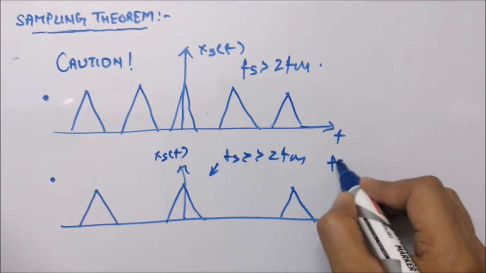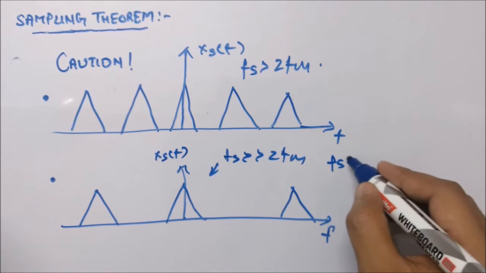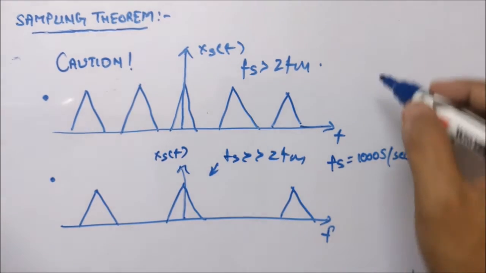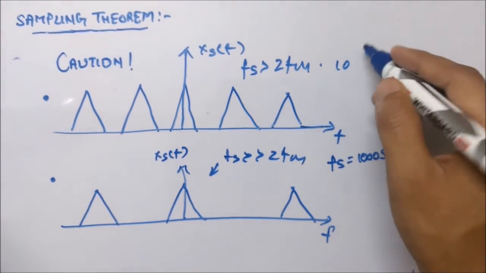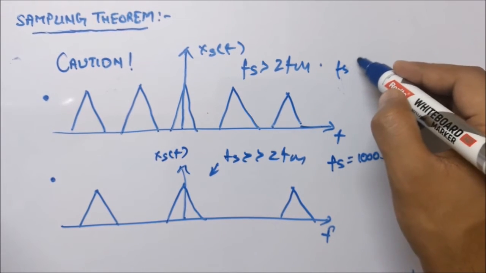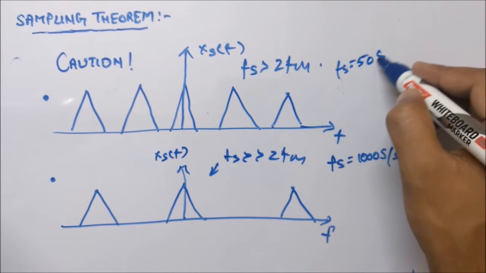Let's say here Fs is equal to 1000 samples per second, and here let's say 50. Fs is 50 samples per second.